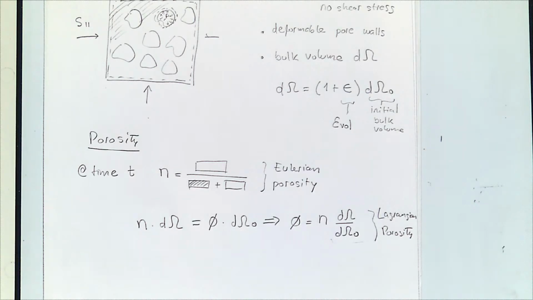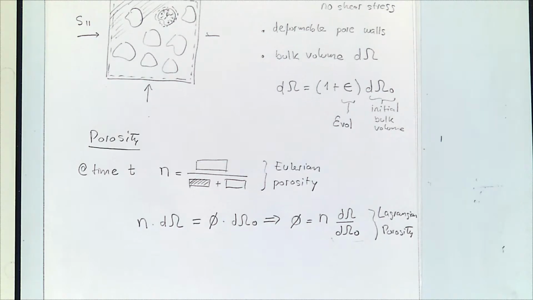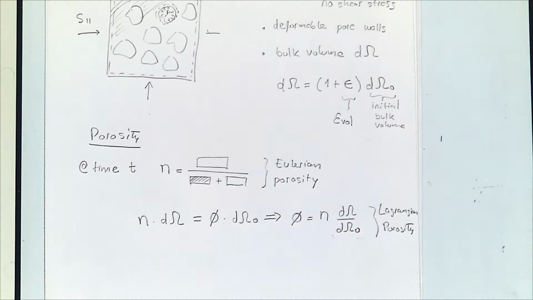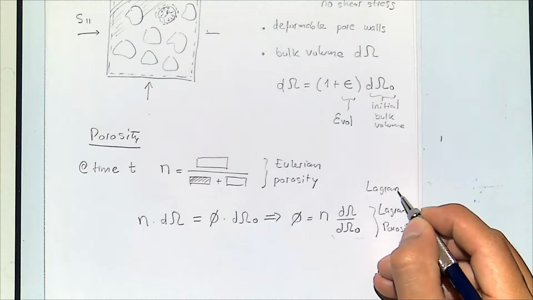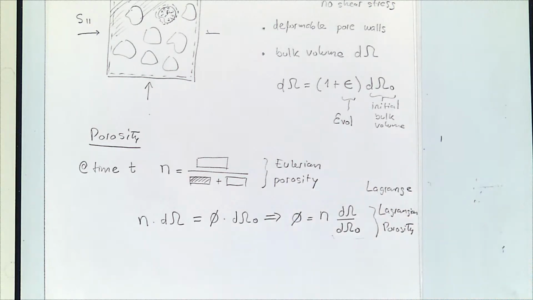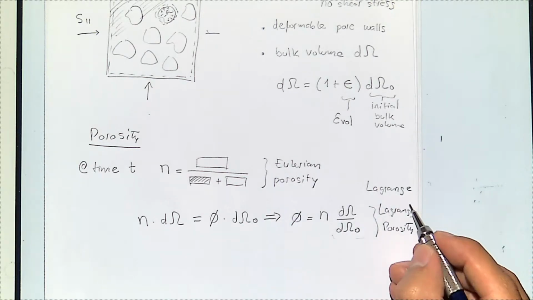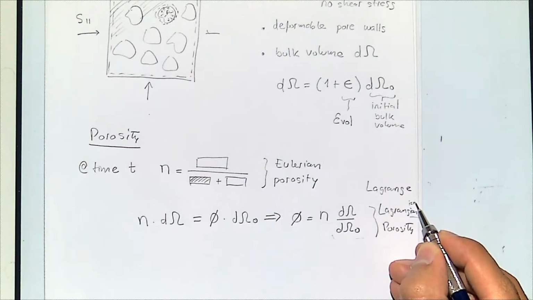All right. So, everything okay so far? Lagrangian comes from Lagrange, and it's Lagrangian, I-A-N.